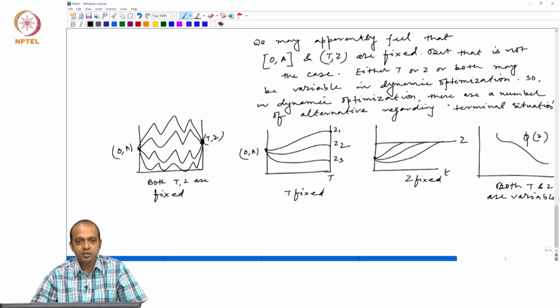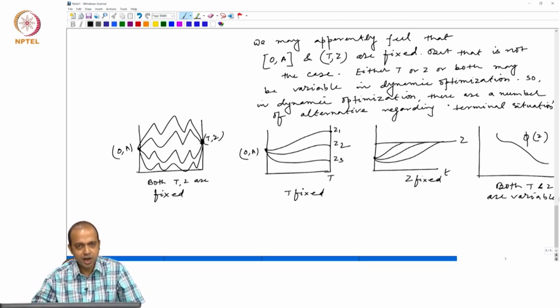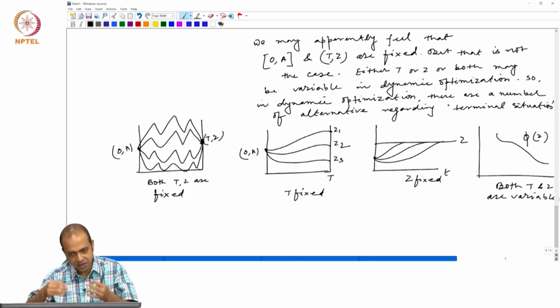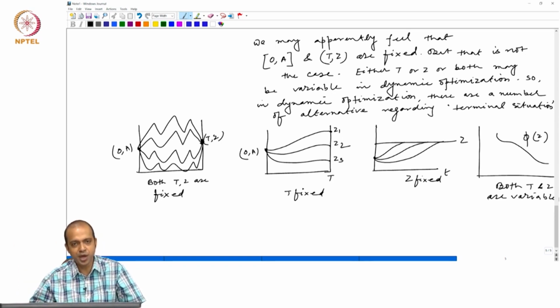And the example we have taken is an economy that starts with an initial stock of capital and wants to achieve a terminal stock of capital, and the decision variable is investment at each period of time, at each year, so that I can achieve the terminal state of capital at minimum cost.